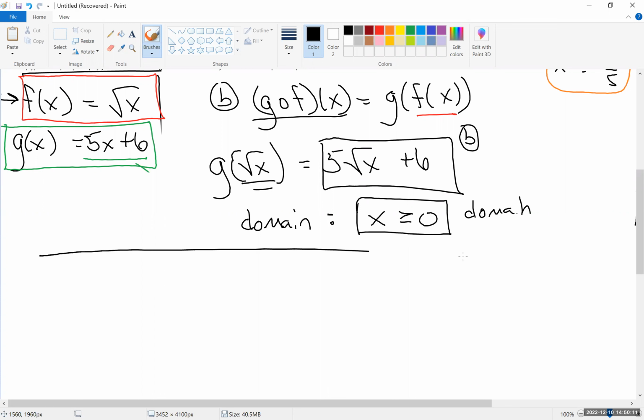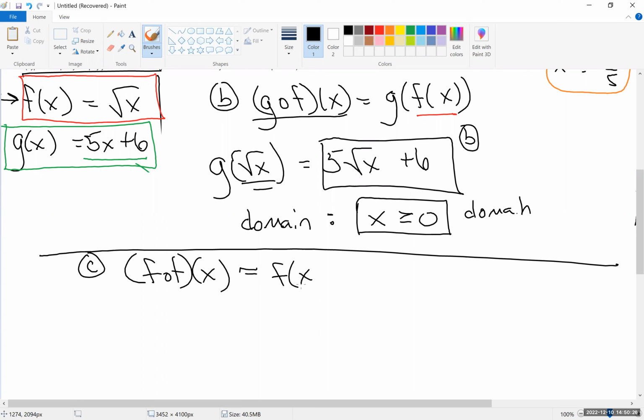The next one is going to be part C, which is f of f of x. We can replace the inside f of x with what f of x is equal to.